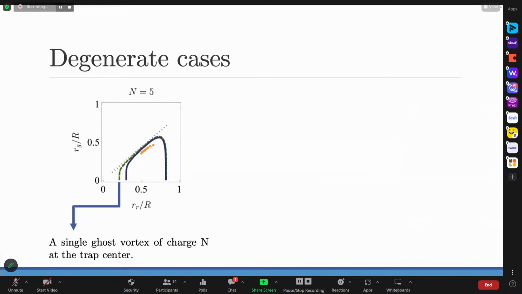Okay, of course, there are degenerate cases. For example, here we can see that we are in a condition such that the radius of the ghost necklace is going to 0. So what it means is that your necklace of ghost vortices is squeezing, and what you get is a single ghost vortex of charge n at the center.